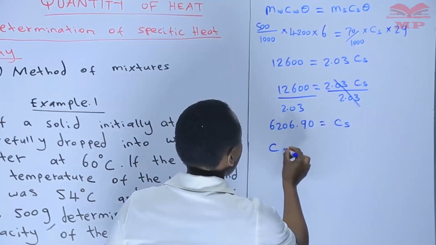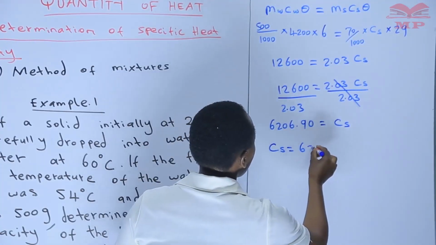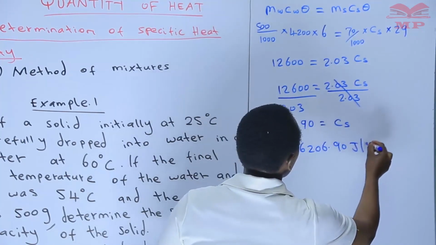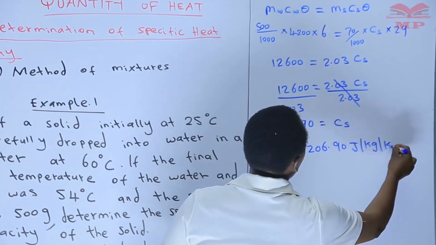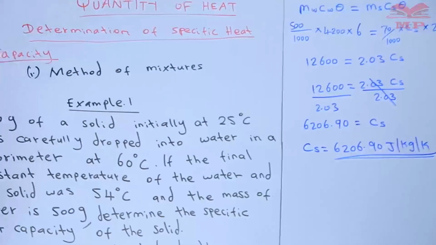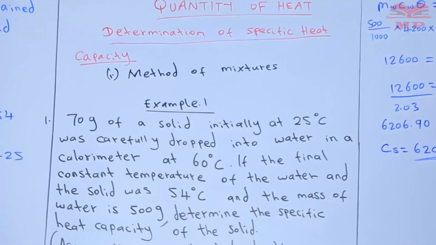So our specific heat capacity of the solid is 6,206.90 joules per kilogram per Kelvin. And that is the specific heat capacity of the solid.